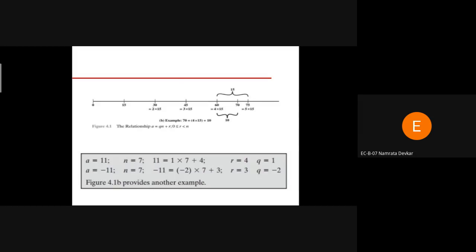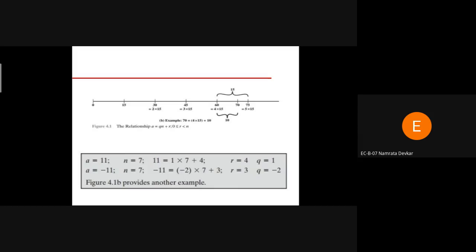If a is 11 and n is 7, what should be the quotient and the remainder? Quotient is 1 and remainder is 4. So here we represent quotient is 1 and remainder is 4. So it is for positive integers.